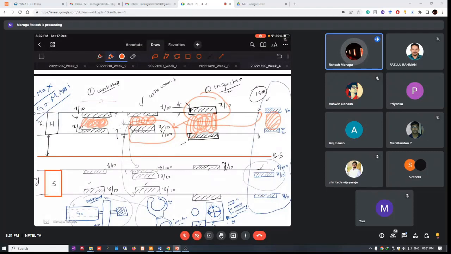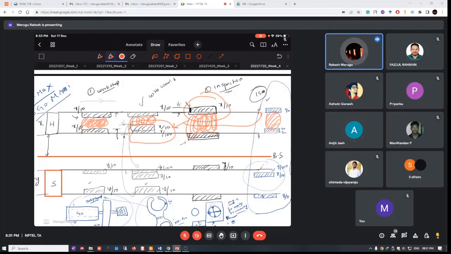Gating design they covered. Yes, sir, we solved the PYQ questions also. Okay, so we covered everything in casting: gating design, riser design, solidification time. Okay, then that's it.